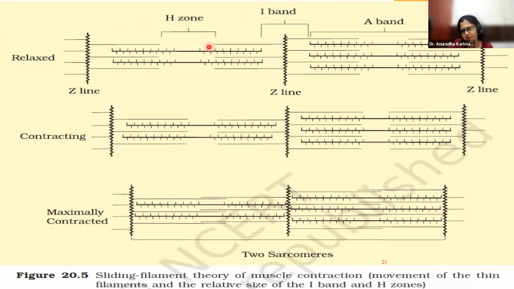I hope you all remember this. I zone is going to have only actin. A zone will be having actin as well as myosin. H zone will have only myosin. Correct? Yeah. So this is how, in relaxed condition, the things are going to be.